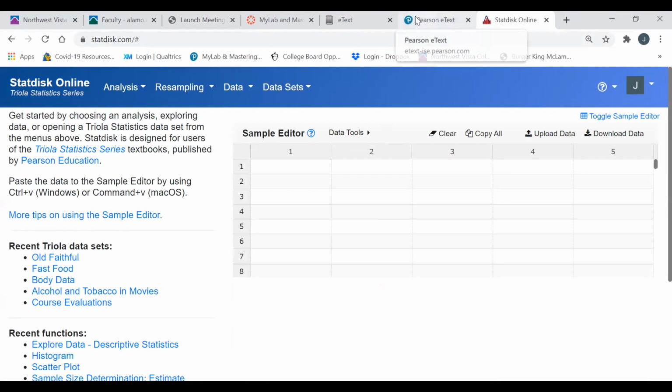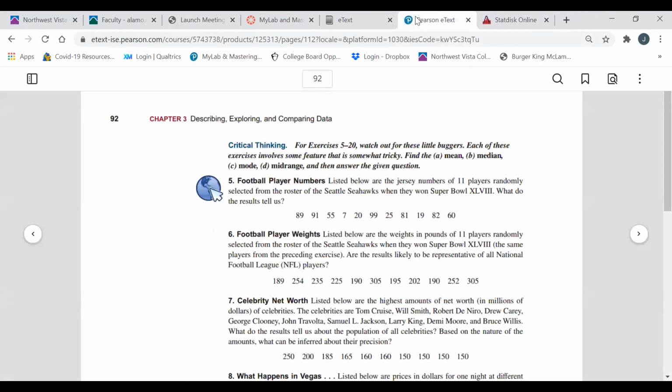On page 92, we'll do number 5. Remember, page 92 is section 3.1. So look at the instructions. It says, find the mean, median, mode, and mid-range. So you have to find those 4, right?